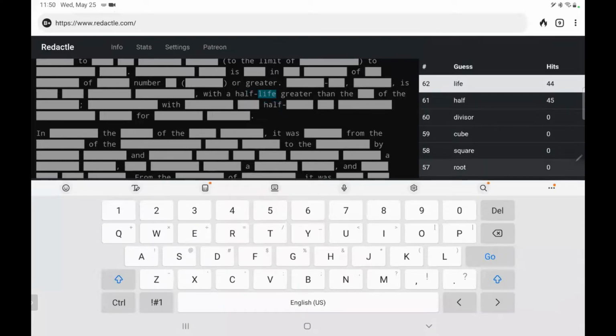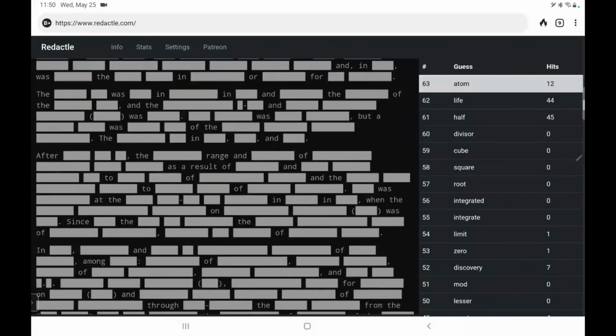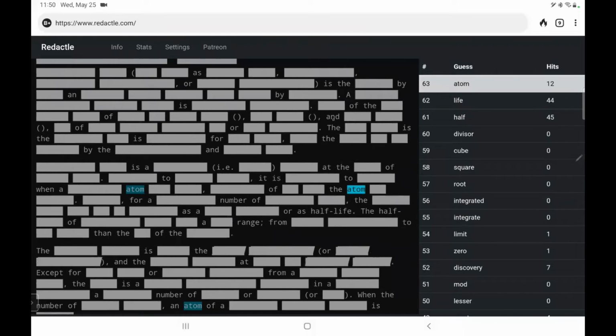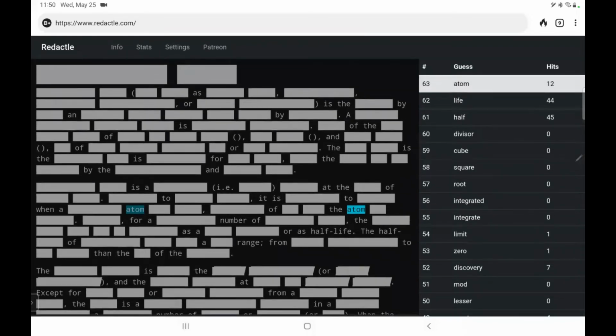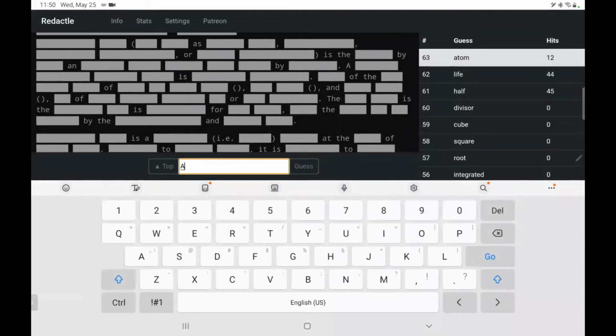Oh, so maybe it is something to do with physics after all. So let's maybe look up atom. Aha. The second paragraph. So atom, atomic, and something atomic.